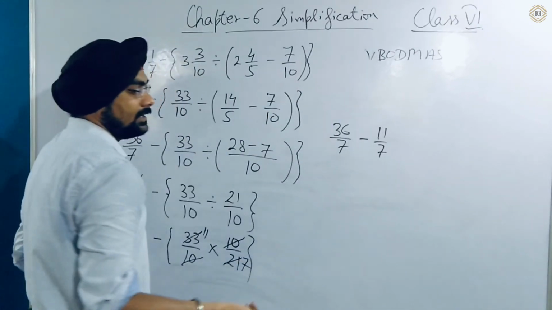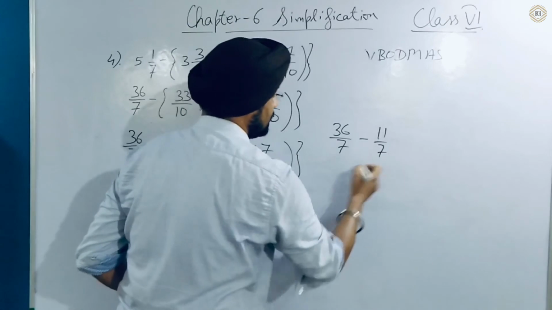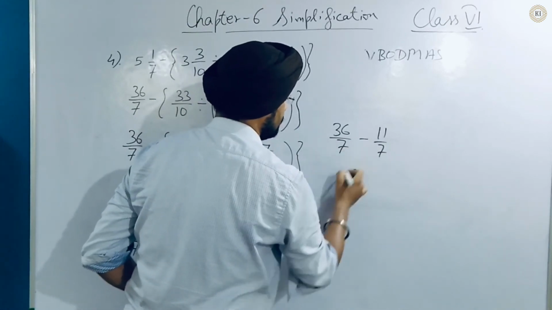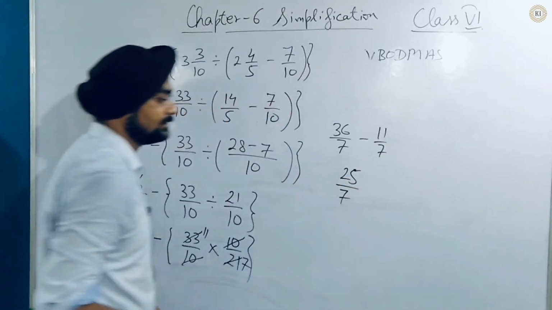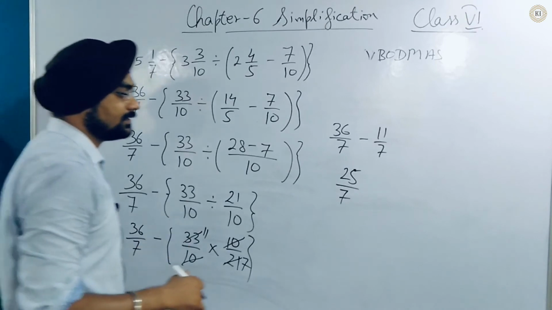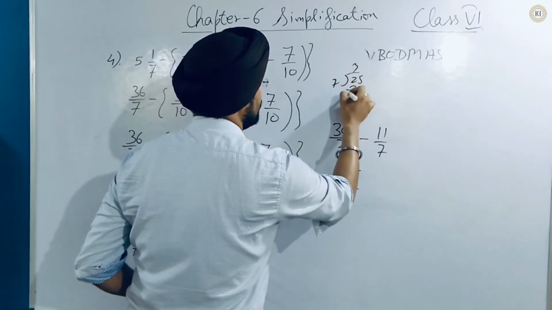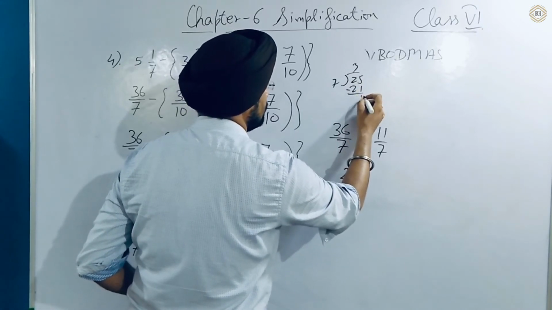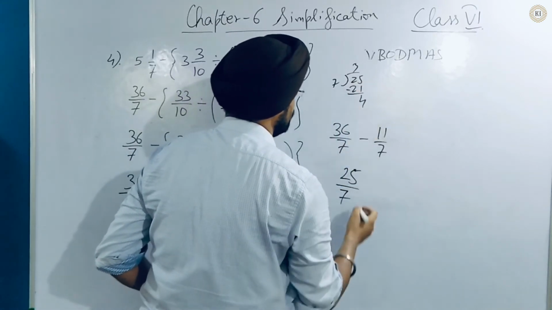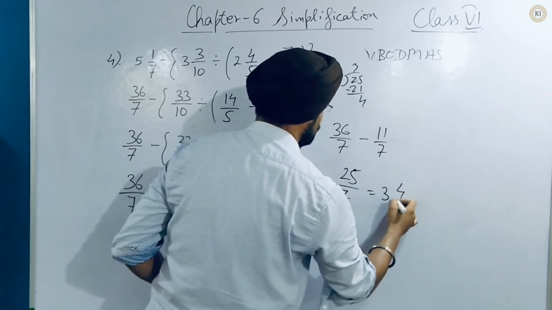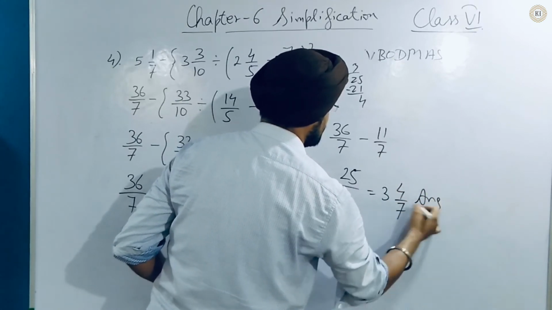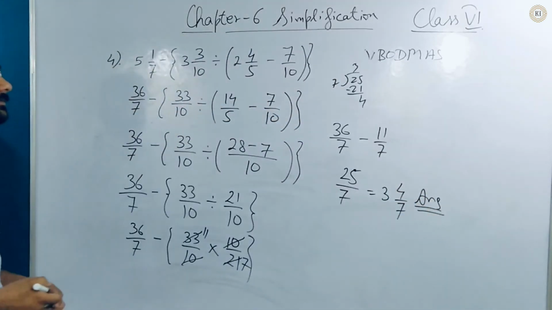Now both are like fractions, so 36 minus 11, 25 upon 7. Now we can change this value into a mixed fraction. So 7 3s are 21. It will come 3 whole 4 upon 7, and this will be our answer.